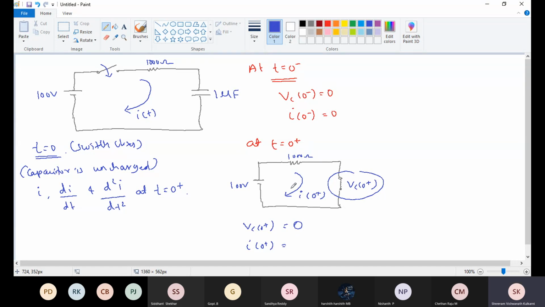Tell me. See, resistor is there, voltage is there. What is the current? This current I am asking. Tell me. Simple Ohm's law, apply and tell me the value of I at 0 plus.